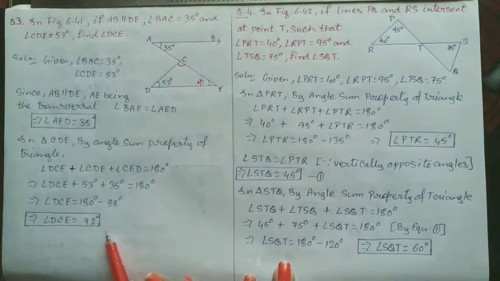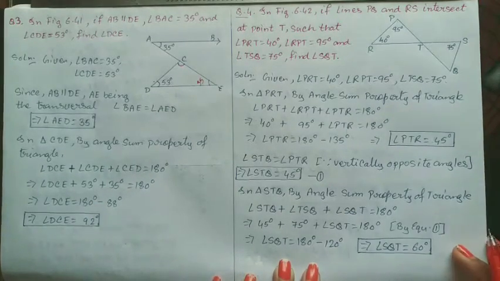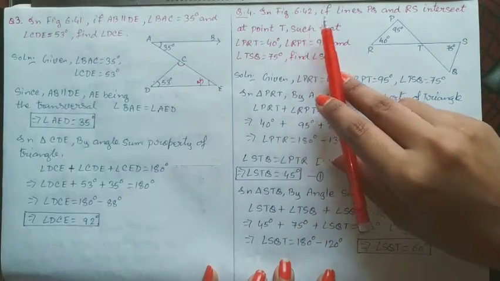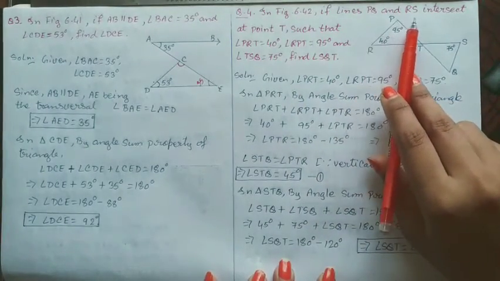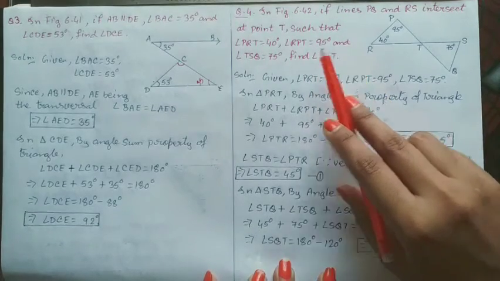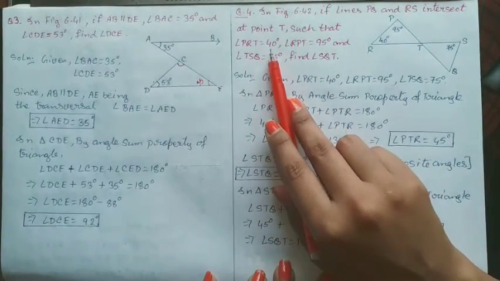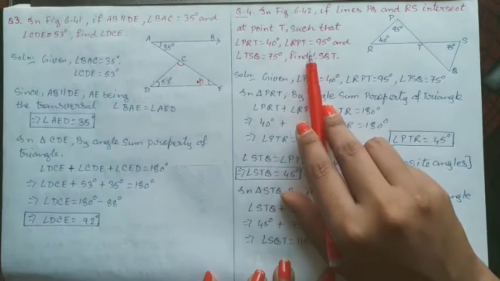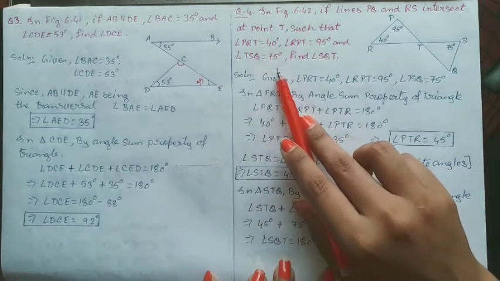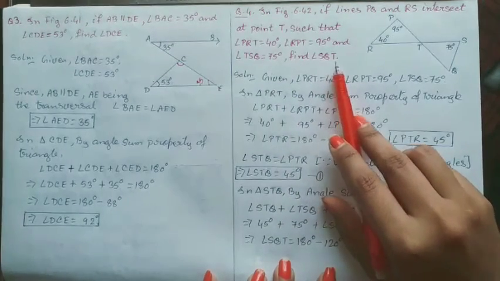Please box the answer. So let's solve question number 4 now. In figure 6.42, if lines PQ and RS intersect at point T such that angle PRT is 40 degrees, angle RPT is equal to 95 degrees and angle TSQ is 75 degrees, find SQT.